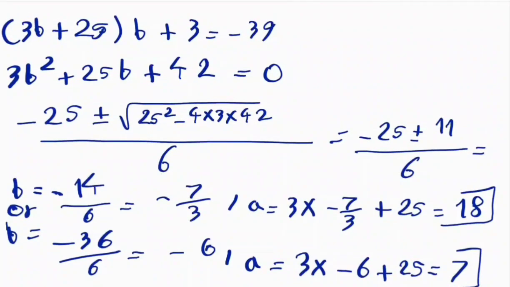So these are the two possible pairs of values for a and b. When b is minus 7 over 3, a is 18. And when b is minus 6, a is 7. So these are the possible values for a and b.